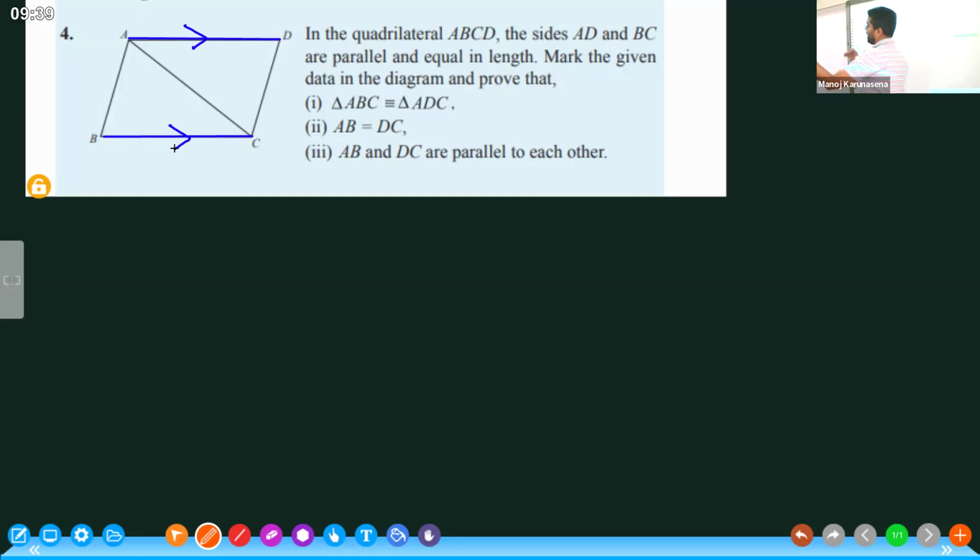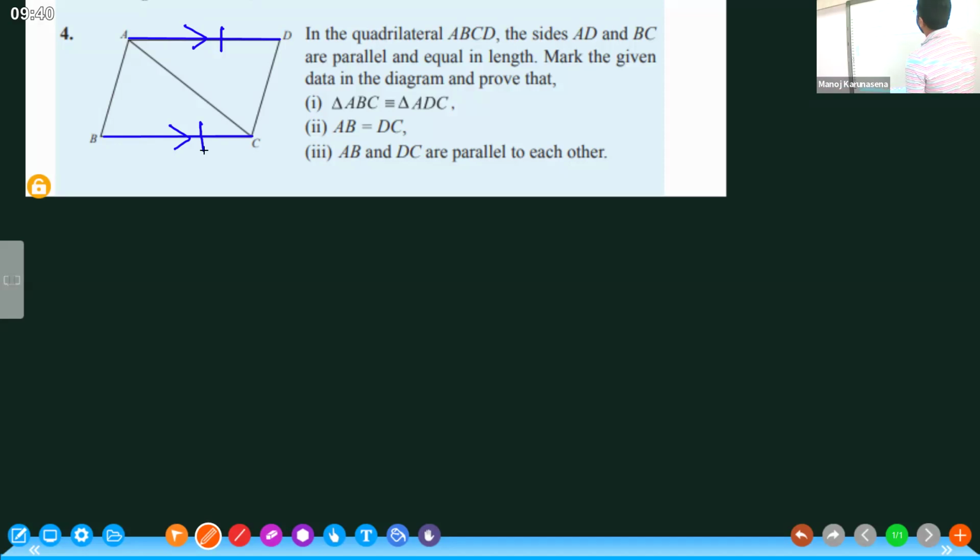Now we have two straight line segments which are parallel to one another. Can you all see transversals going here and there? There are transversals, right? So angles are getting equal. AD and BC are parallel and equal in length. Fantastic. These two sides are equal in length as well.